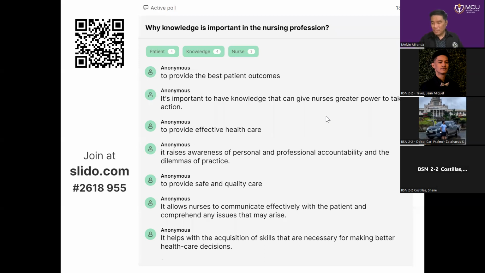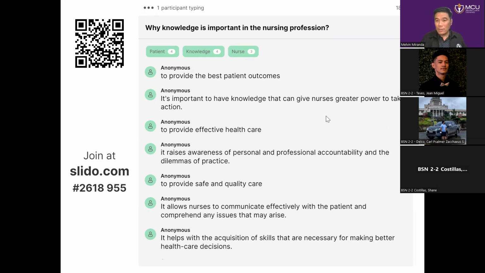Nurses po, they need to be able to clearly articulate any instructions for patients, like paano po inumin yung gamot, paano sila i-reach if may need silang specific na thing, ganun po.